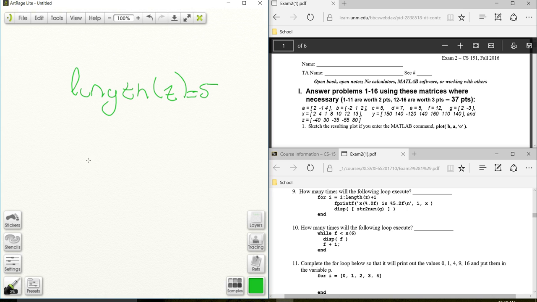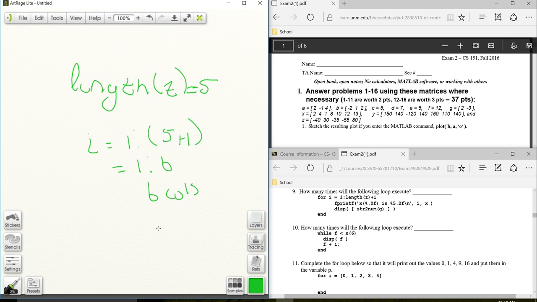And then I is equal to 1 through 5 plus 1. That's equal to 1 through 6, which means that there are 6 columns. How many times it will loop is the same as the number of columns, so the answer should be 6.